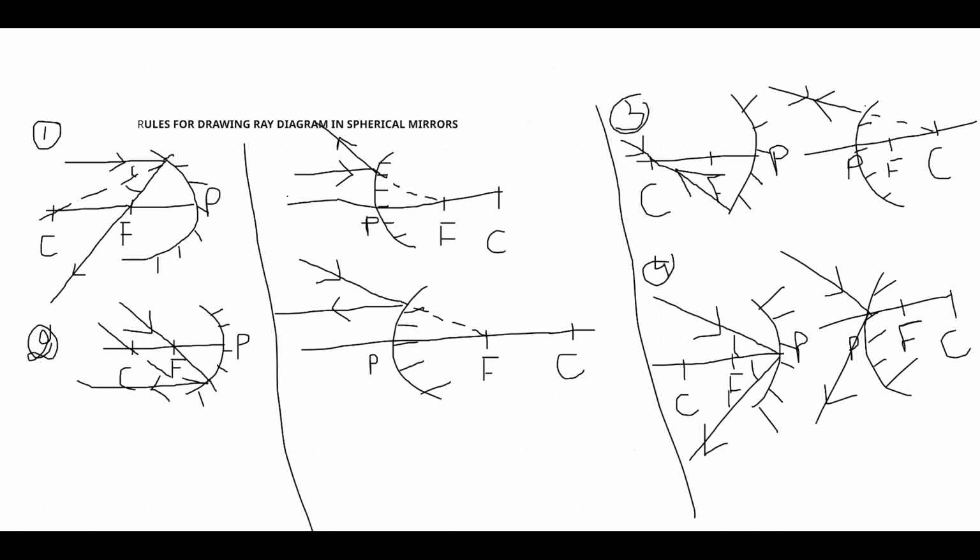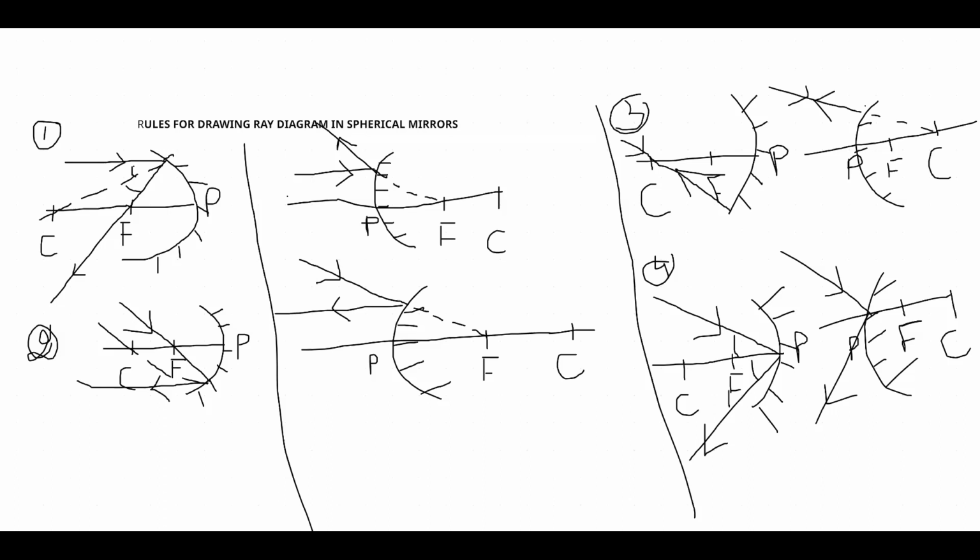For the second ray, either we can use rule 2, or rule 3, or rule 4. So for the second ray, we have three options, but for the first ray, we will always draw the ray which is parallel to the principal axis, and it will be passing through the focus. I hope the rules for the ray diagram of the spherical mirror, that is concave and convex, are clear.